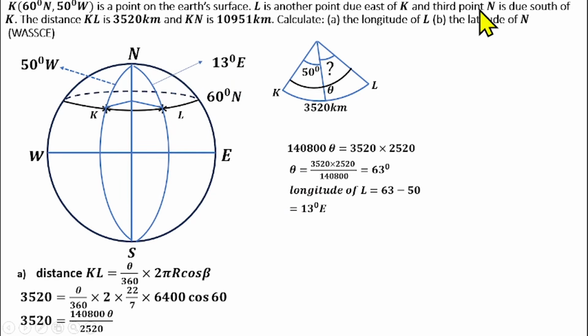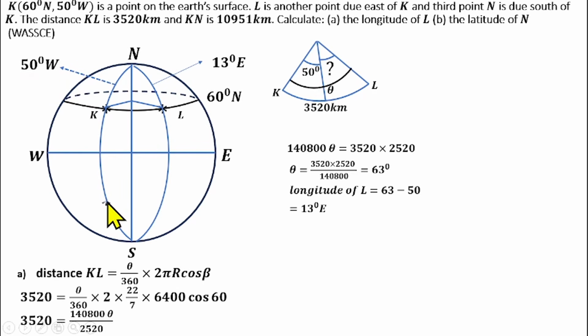As I was saying before, we are told that there is a third point N, which is due south of K. So there's another point, N, and it is due south of this K. That means this line, which is longitude 50 degrees west, should be the line that joins them together.